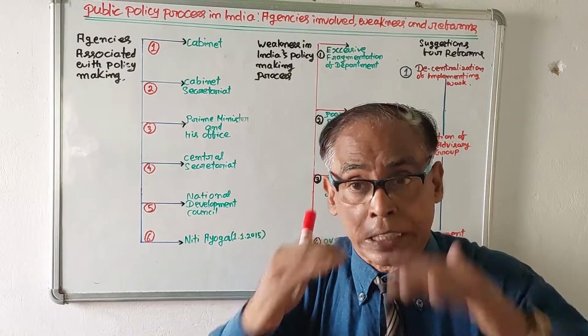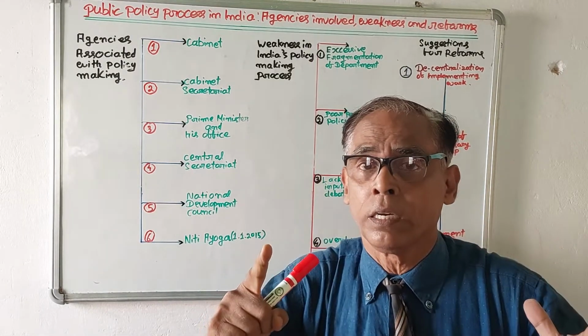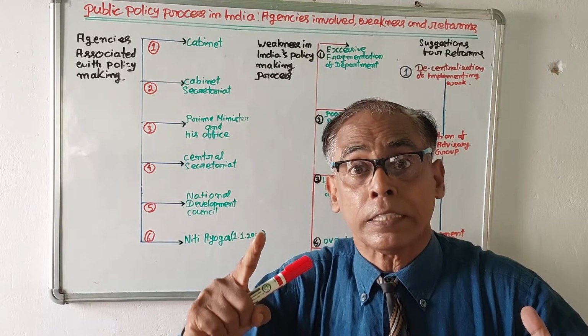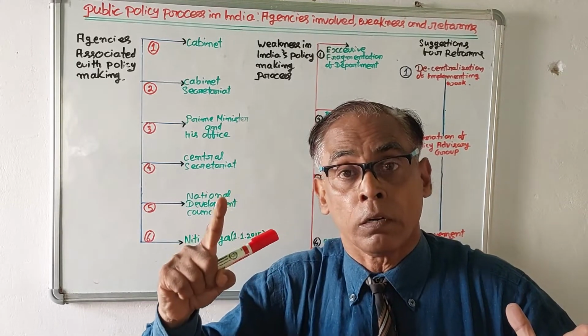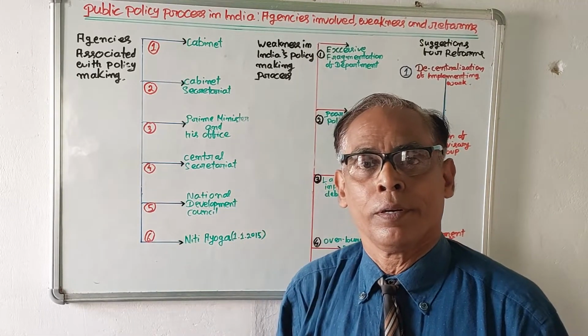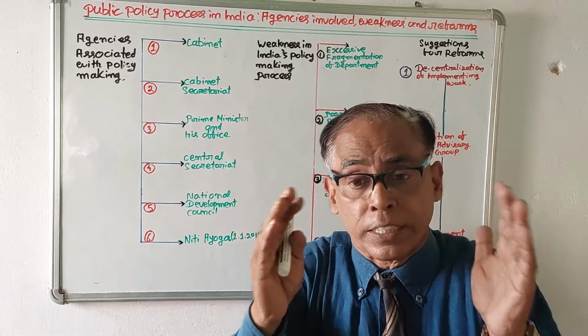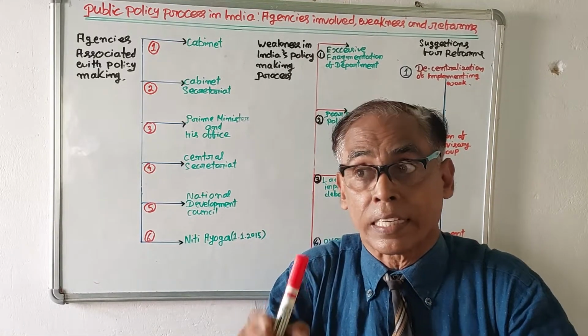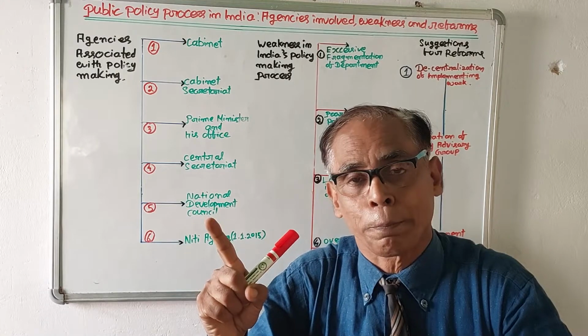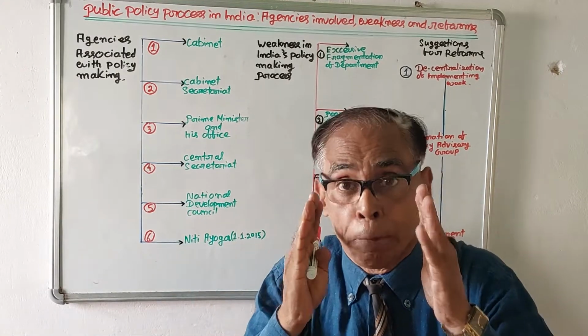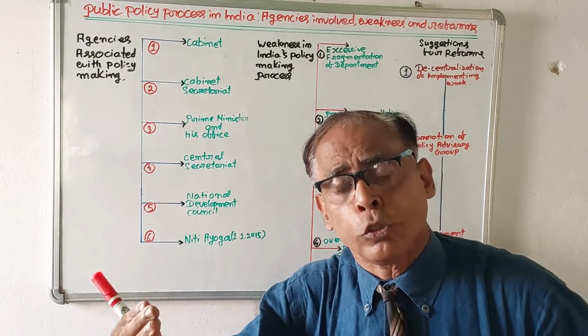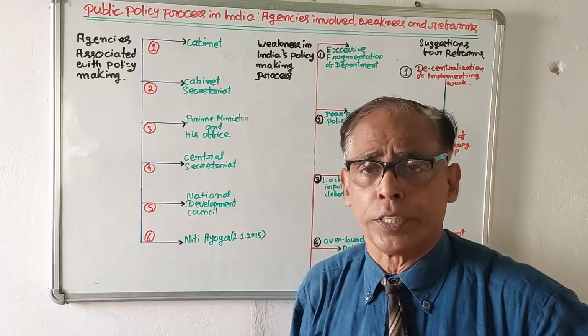Without discussion in the cabinet, a public policy cannot be finalized. Every type of public policy is discussed in the cabinet and the cabinet must give its approval. So the cabinet is a major institution associated with the formulation of public policy.